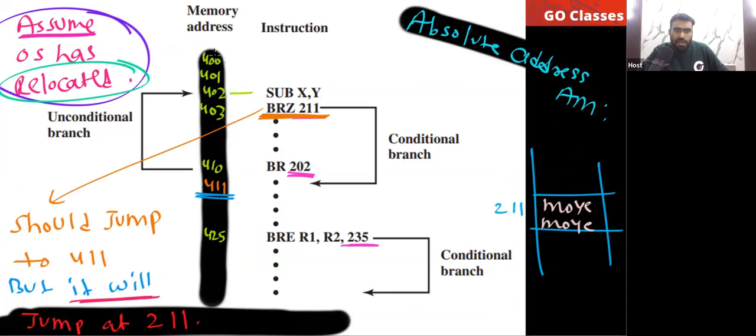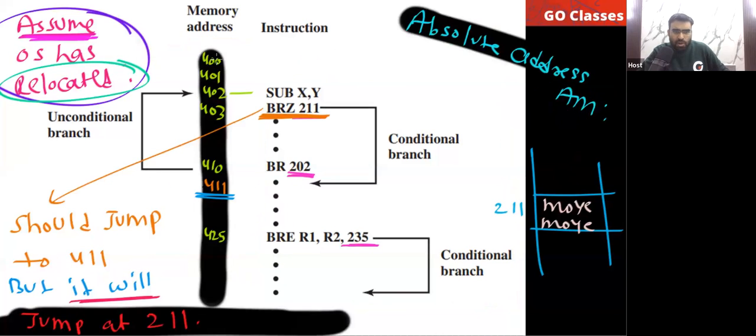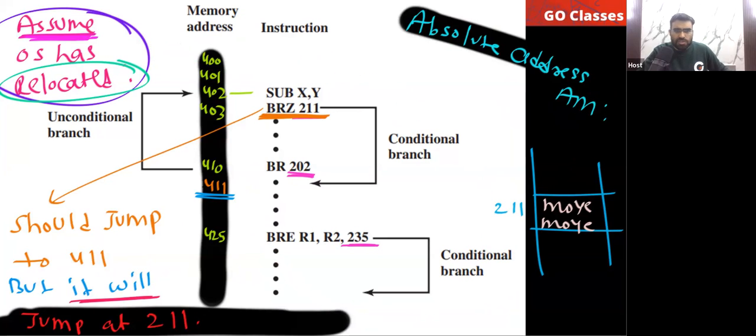There I told you, assume the operating system has relocated. This code you have loaded at address 200. If the operating system reloads this same code at address 400, then there will be a problem.